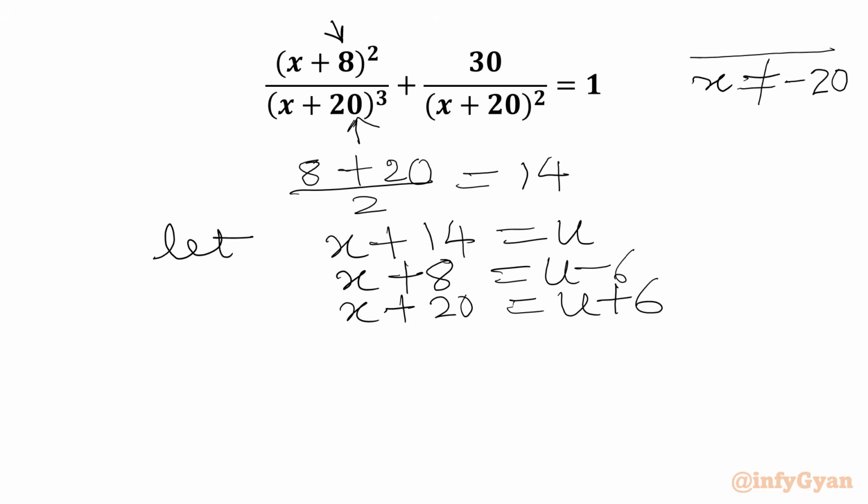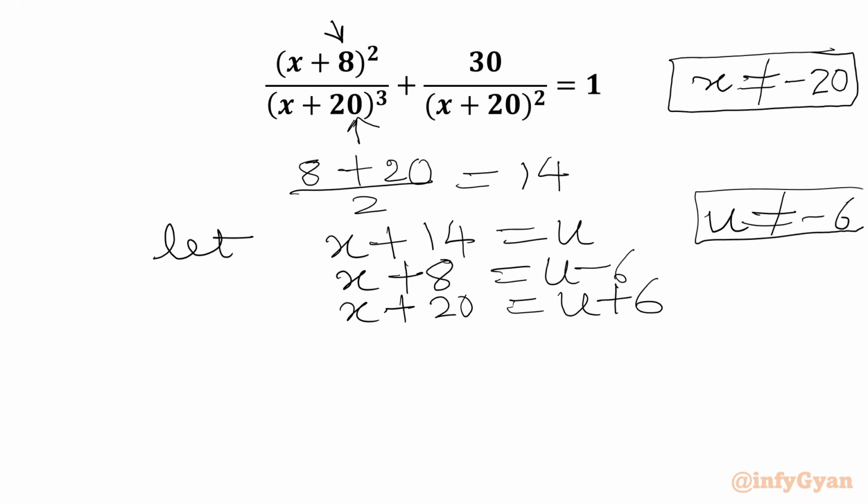If x cannot be equal to minus 20, then we can write from here u cannot be equal to minus 6. Now we have to write our equation in variable u.